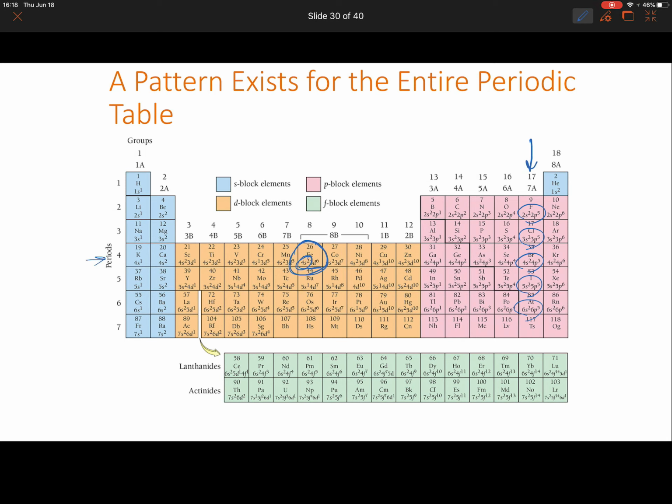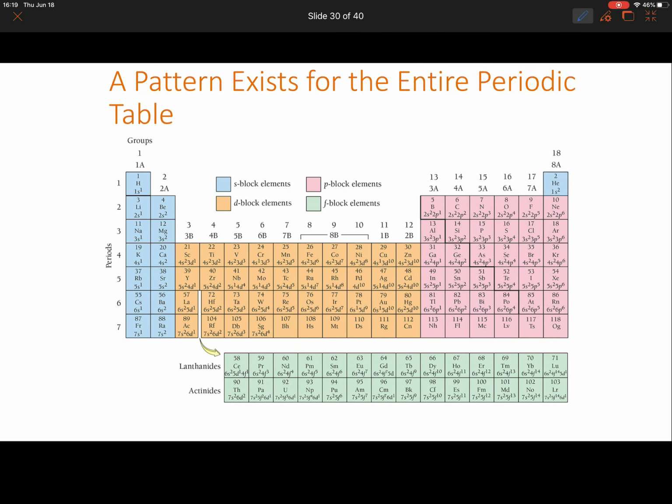Now, the main group elements are different than the transition elements. The transition metals have electron configuration trends that are different than the main group. The principal quantum number of the d orbital being filled across each row is equal to the row minus 1, and for f's it's minus 2. There are some odd electron configurations that we see in the D block.